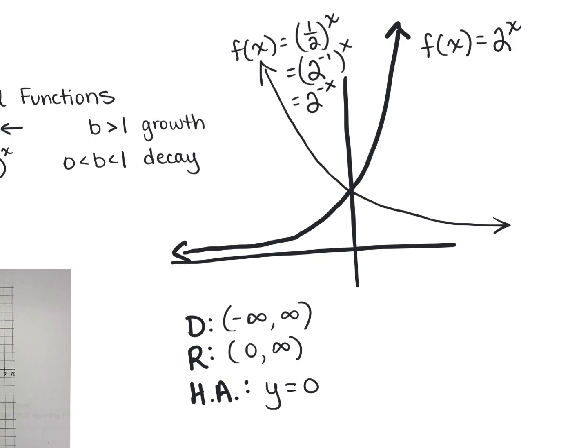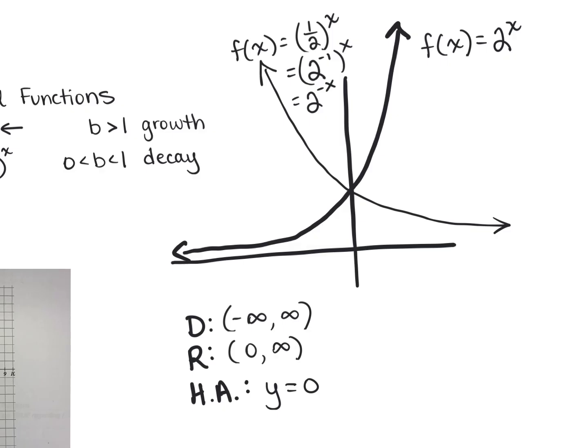We have already discussed chapters ago that when you have a negative on the inside, then that reflects it across the y-axis. The domain is still everything, the range is still 0 to infinity, and you do still have a horizontal asymptote at y equals 0.